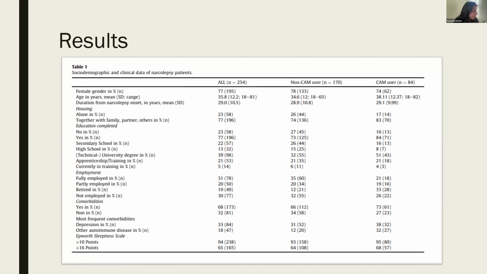Also, what about the education? Yes, I was about to get there. Education was also something interesting. Patients who had higher education or higher socioeconomic status were also more likely to use CAM.